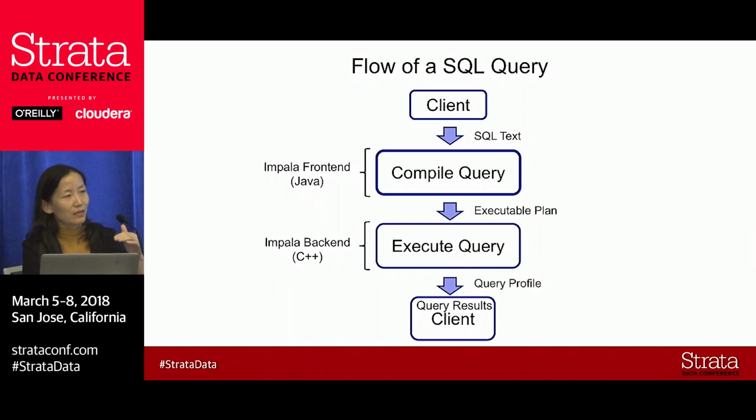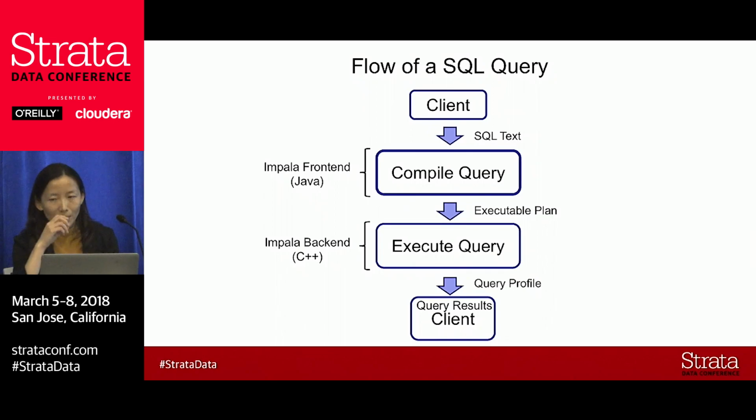The front end is written in Java, and its job is mainly to compile the query and generate the plan, like to perform all the work we just discussed earlier: to find the proper join order, to do the partition pruning, predicate pushdown, all of those. Once it finds the optimal plan, it will distribute it to all Impala backends. The backend means each Impala executor.